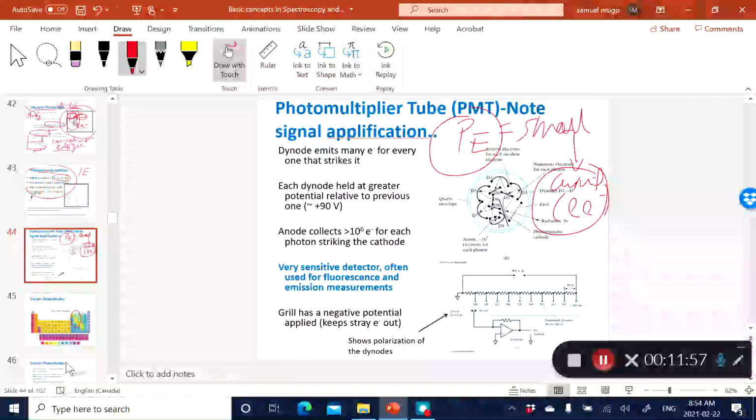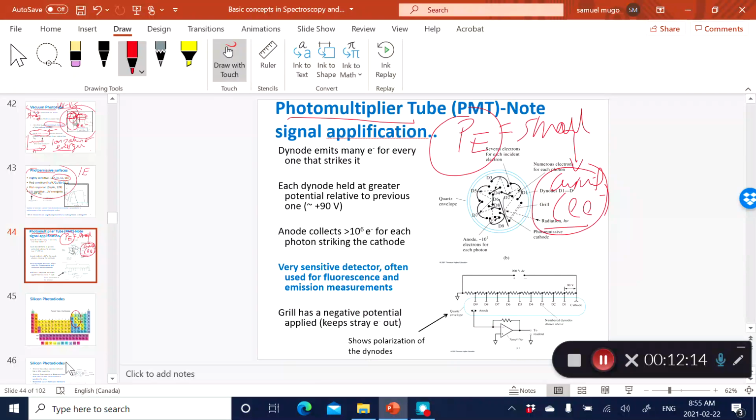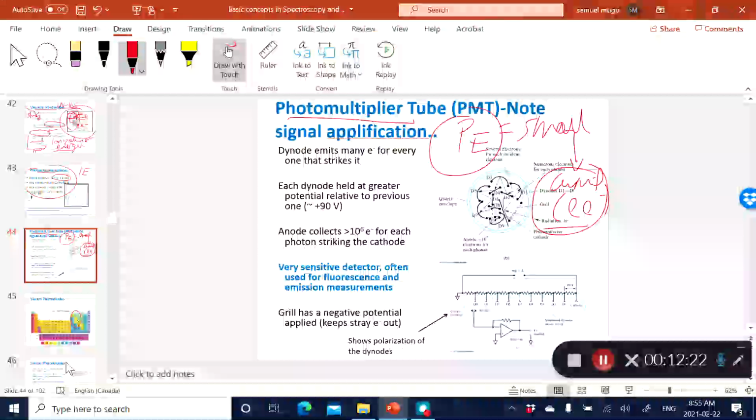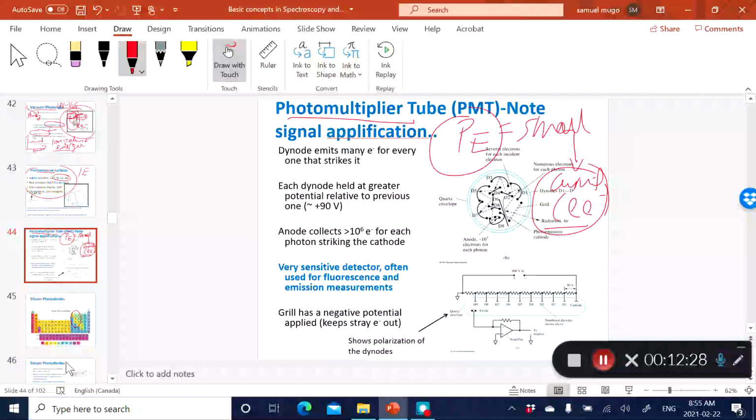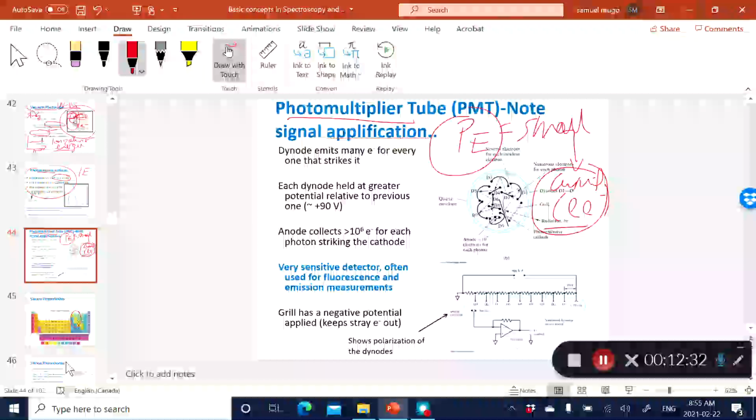If you take the vacuum phototube and multiplex it, meaning you join many vacuum phototubes, that's a classic way of amplifying the current. That is what we refer to as a photomultiplier tube, and it is the most common type of detector for UV-Vis spectrometers, because it is very, very sensitive, since you've multiplexed numerous vacuum phototubes.